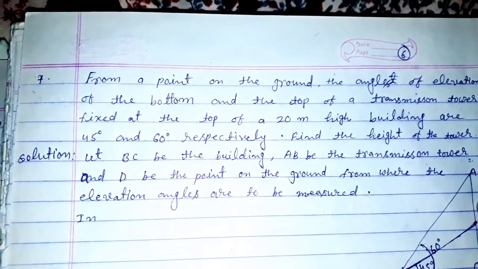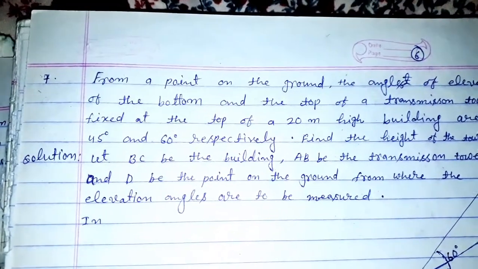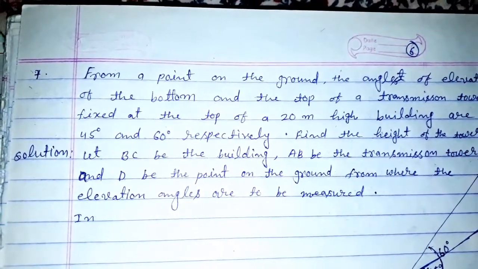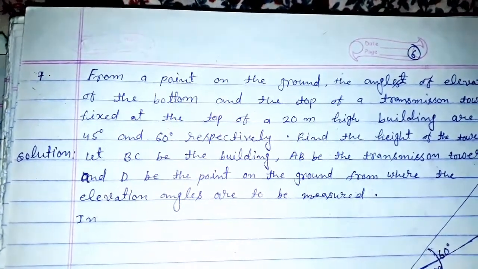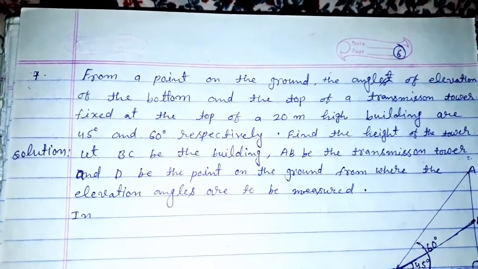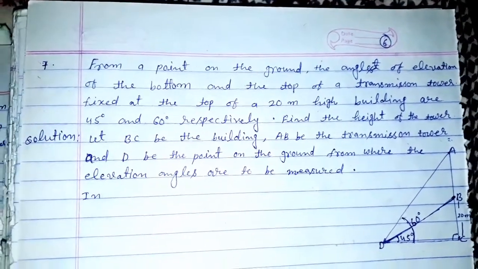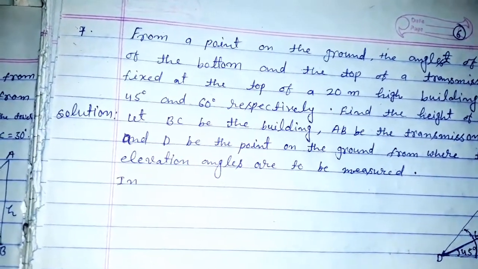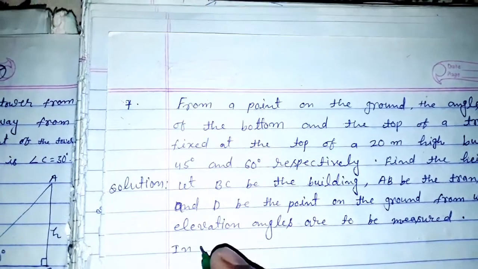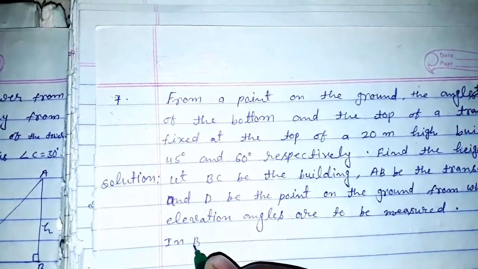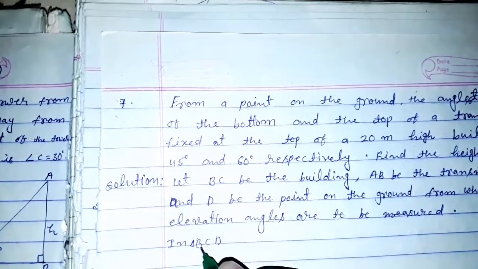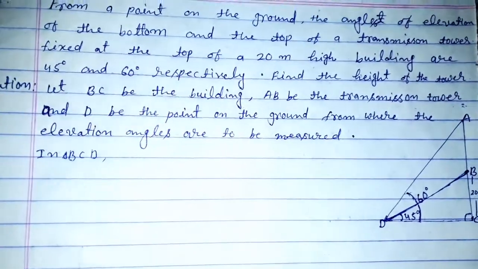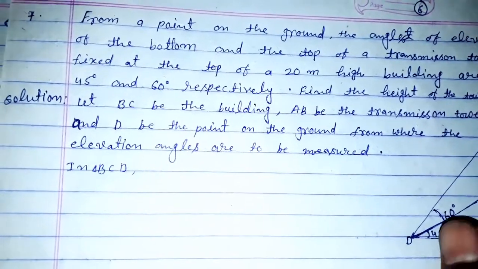Solution: let BC be the building and AB the transmission tower, and D be any point on the ground. Now in triangle BCD, take the ratio of this side and this side.